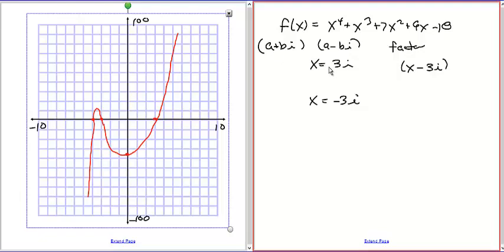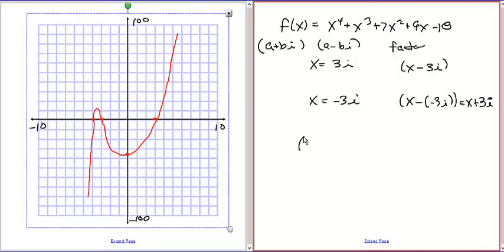In both of these cases, a is 0, so you just drop it out. But you can see here it's plus 3i, the corresponding complex conjugate. So from a factor standpoint, instead of x minus 3i, when we have negative, you get x minus negative 3i, which is the same as x plus 3i.